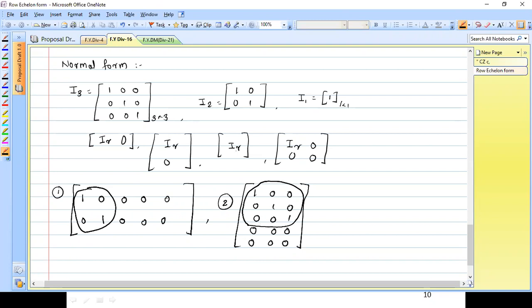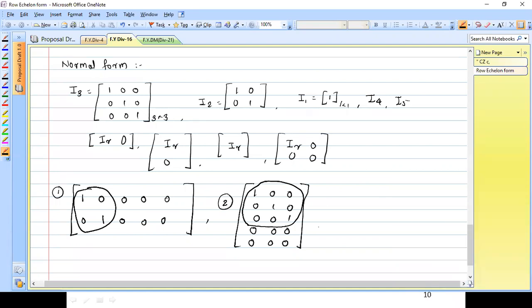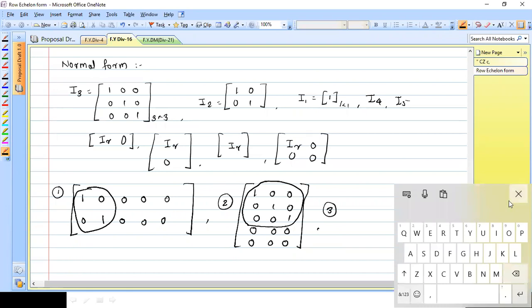So when I talked about this third example, you have these examples: I3, I2, I1, to directly get such kind of matrices. You will get I3 directly in that way, or you will get I2, or I1, or I4, I5 like that. Okay, so that is the example of third. And if I take the example of the fourth one, I just mentioned here third, but actually it is fourth.